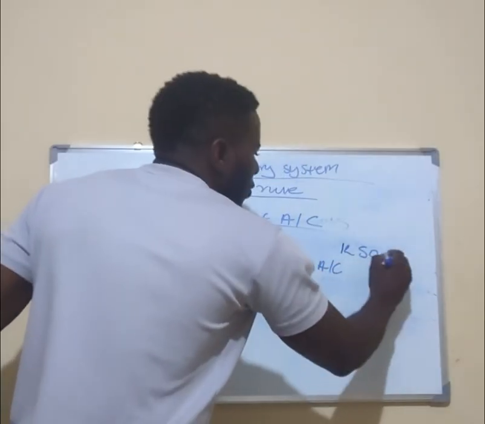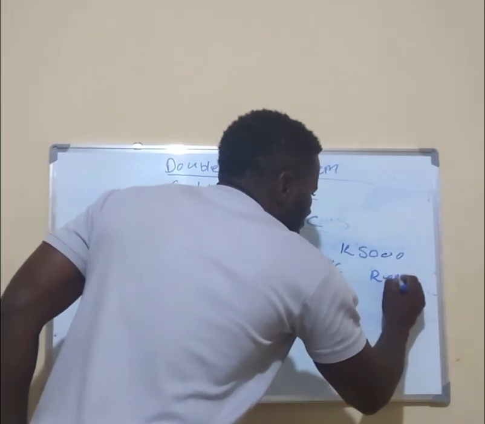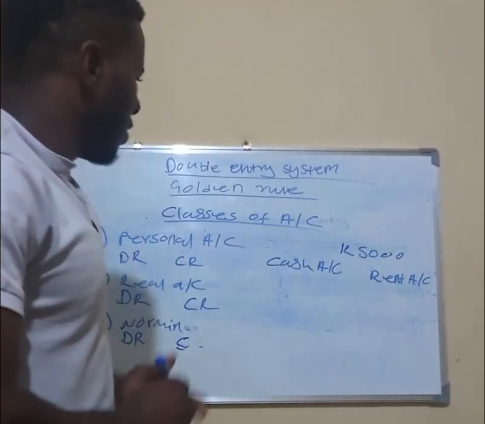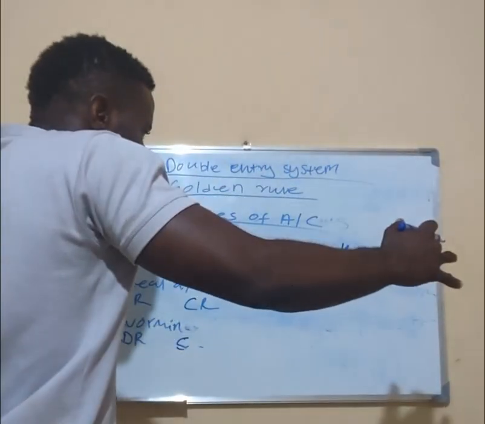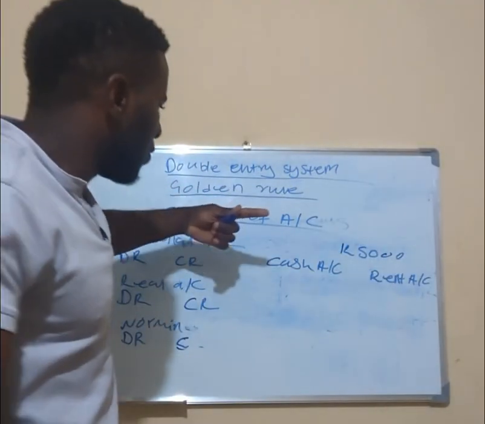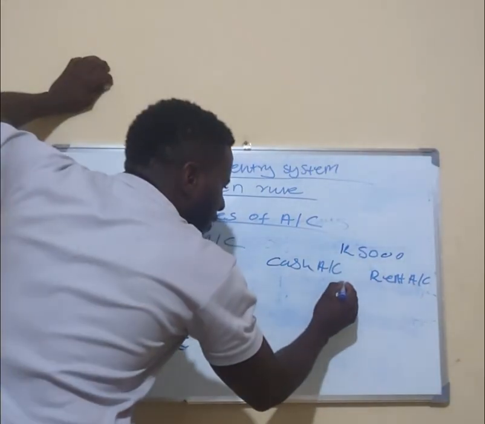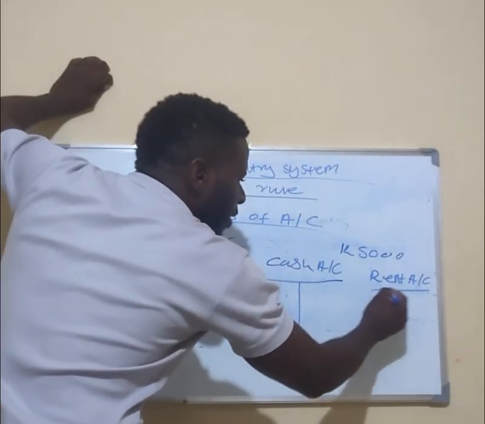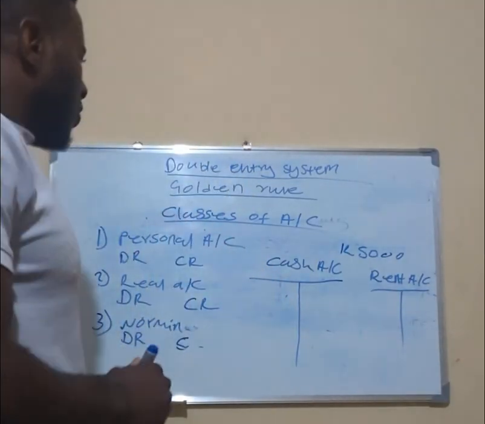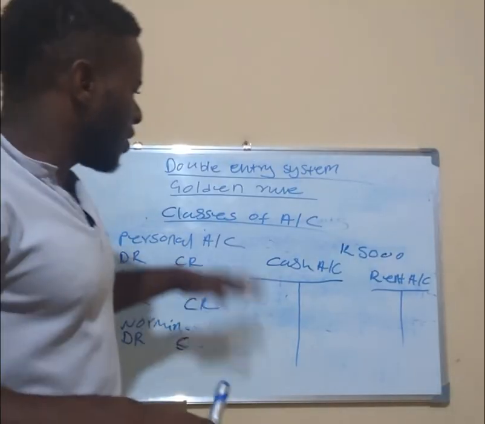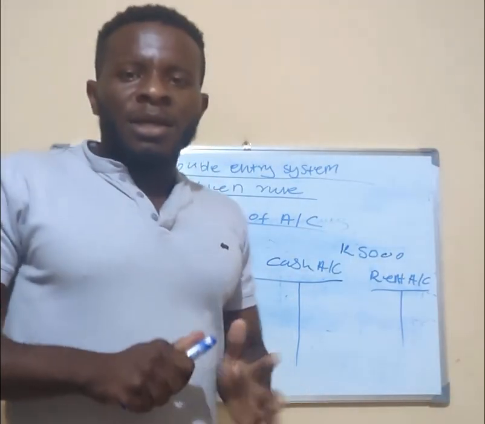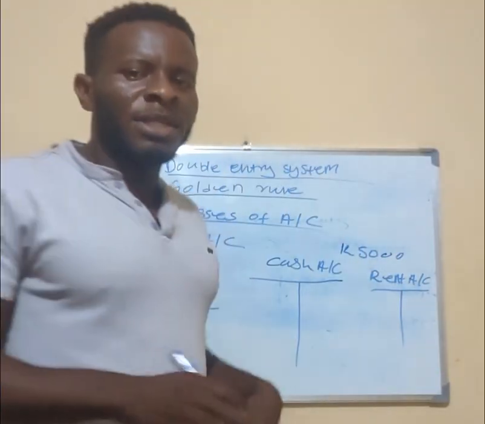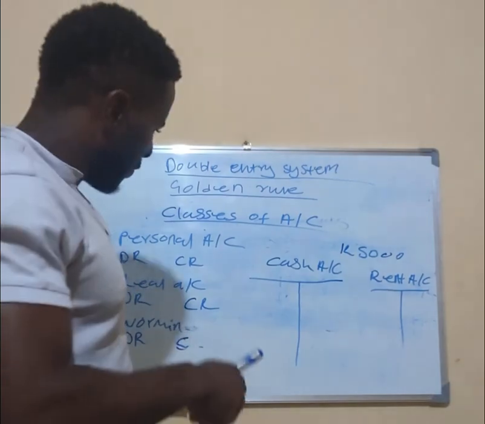There's also the rent account. So like I said, I use the T format because it's very easy for me. But whichever format you are comfortable with, you can use it. Because like I said, these formats won't affect the entries in any way. It's just the same. It speaks the same language.